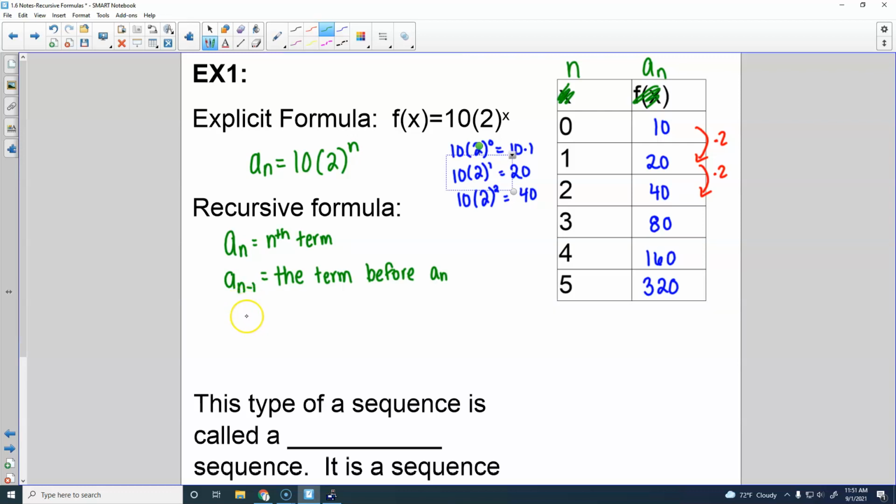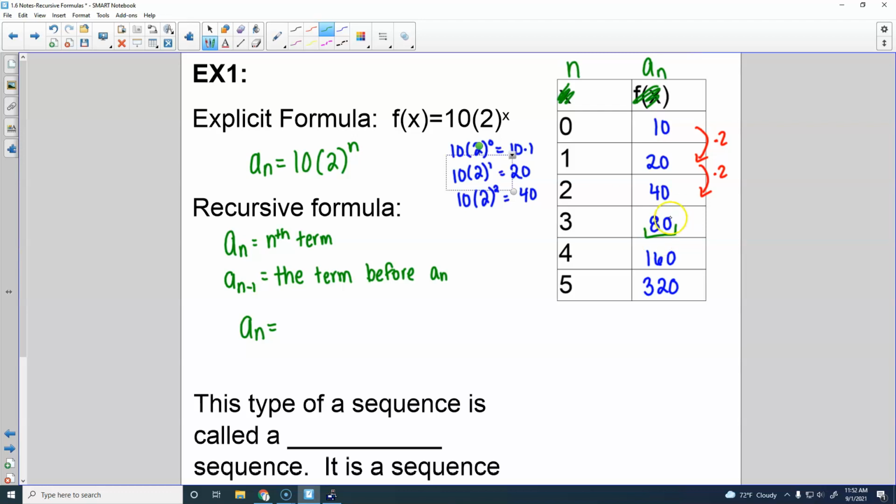Whenever we set up a recursive formula, a sub n equals is how we are going to start pretty much all of these. It can be done in different ways, but I'm going to stick to the most basic, most common way. If I want to know the third term, then to find it, I take the term before it and multiply it by 2.